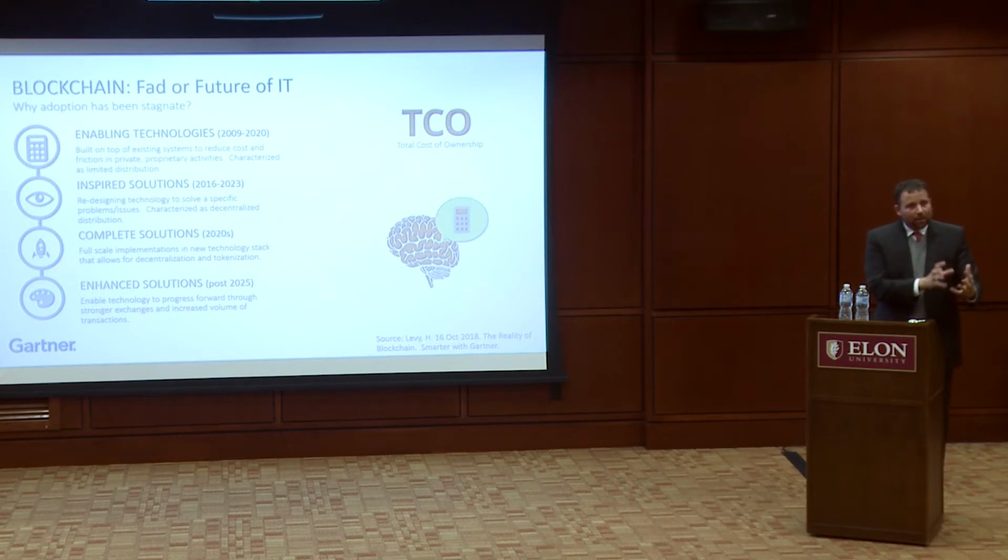The legal industry has been a huge adopter. If you share legal contracts, legal agreements, it is a huge adopter. So more decentralized, where it wasn't just this nebulous, anybody can go and get into the blockchain. It became more specialized into the industries. And then complete solutions is forecasted for 2020, where you really start to get into more decentralization, looking at it from a technology stack, full-scale implementations across businesses.